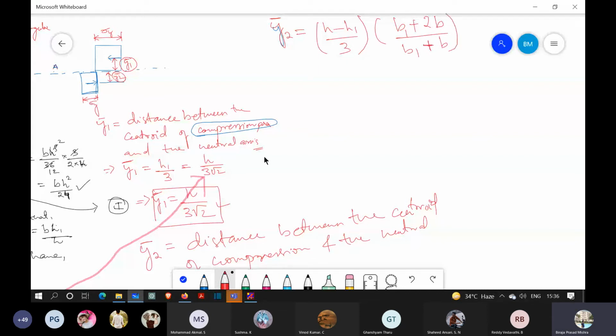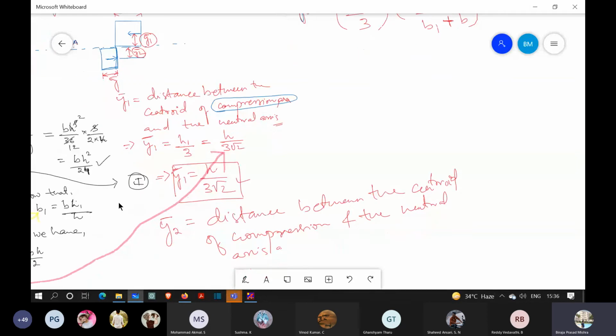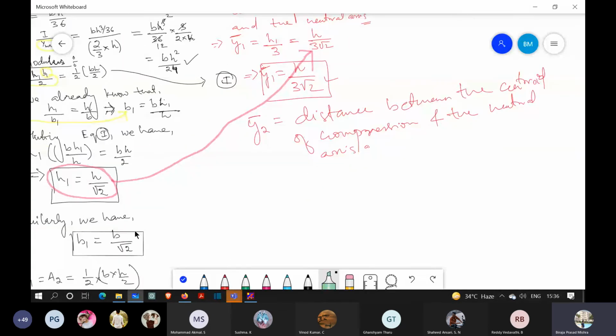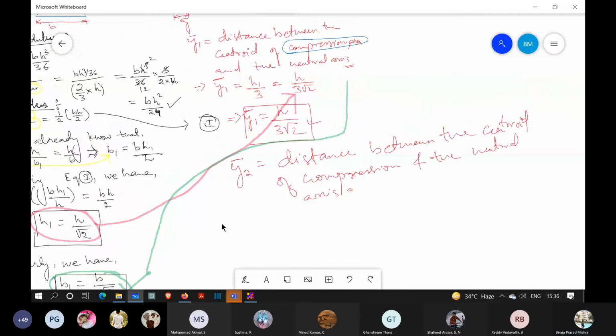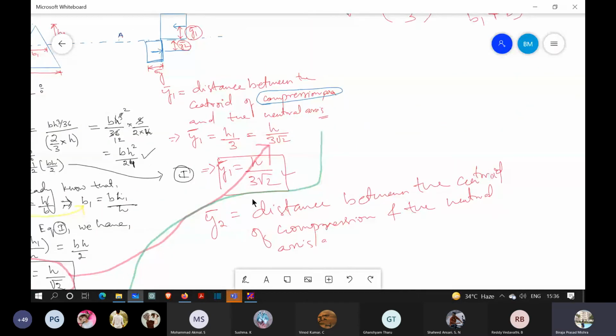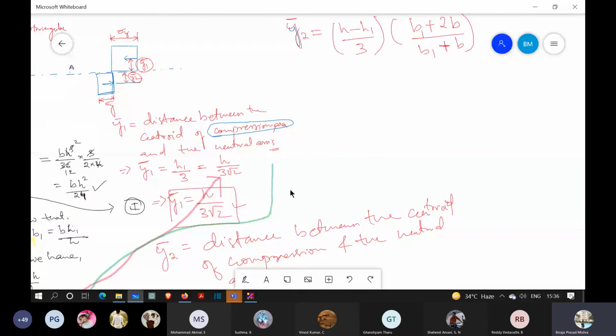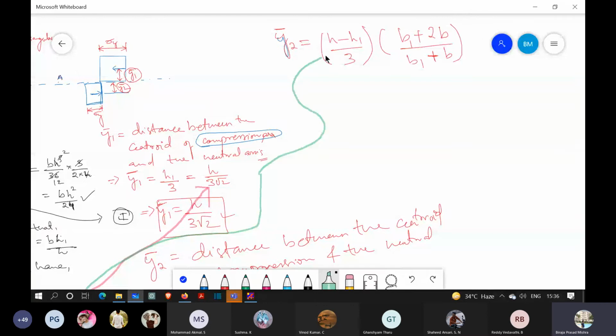Okay, now we already know a relation, that is b1 equals to b by root 2. So this relation we will put here in this equation.